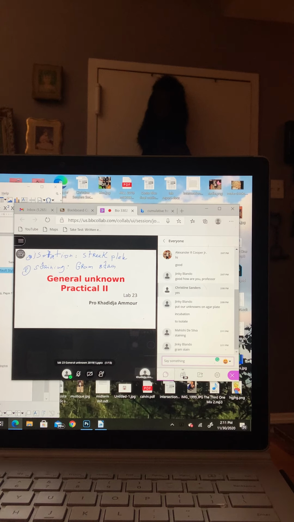So this is the first part. With the Gram staining, you can identify your microorganism. You have to describe your bacteria: of these two, one is Gram positive and one is Gram negative.